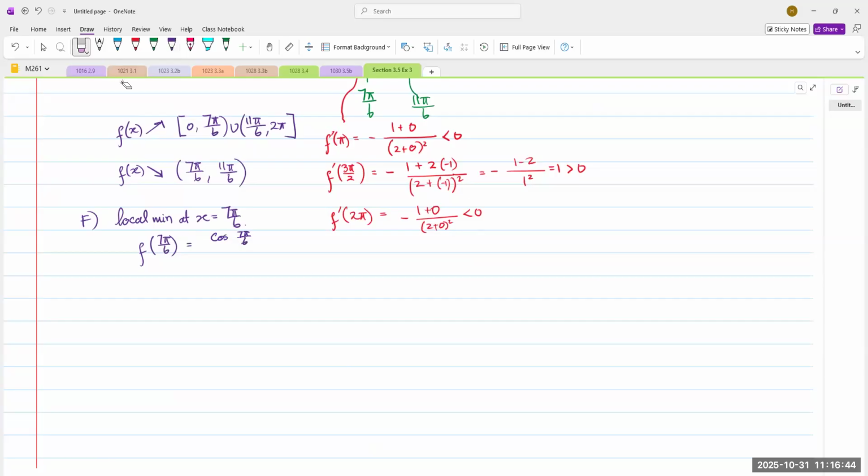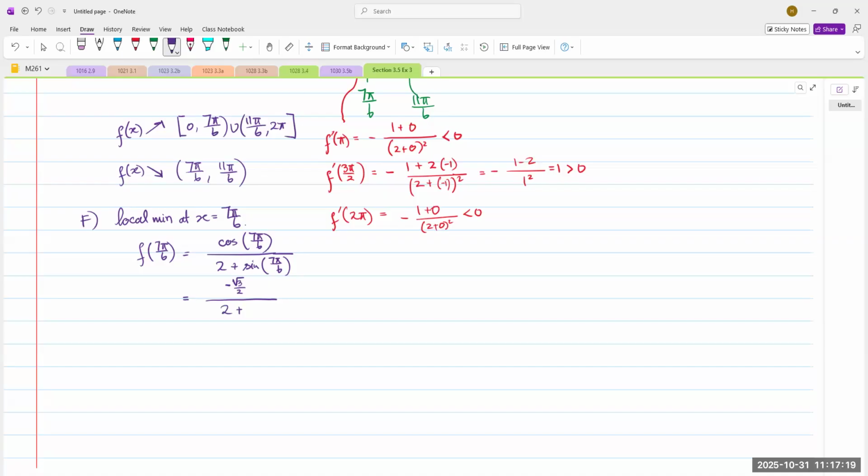I end up writing it very, very small later on. Let me bring this down a little bit. So this is cosine 7 pi over 6 over 2 plus sine 7 pi over 6. Cosine 7 pi over 6 is negative radical 3 over 2, plus, that's quadrant 3, right?